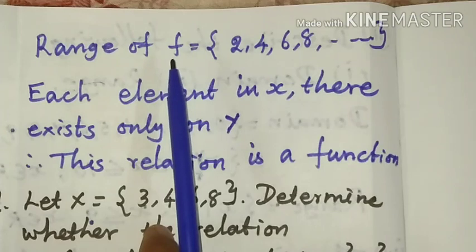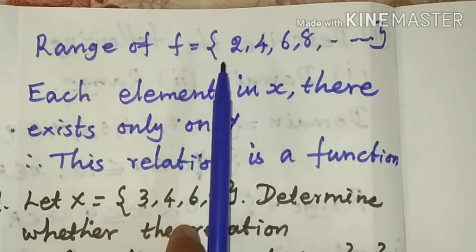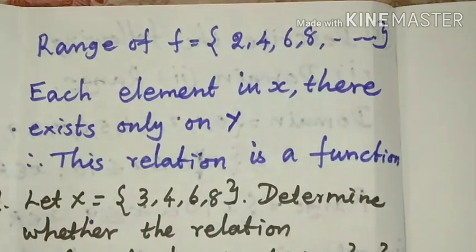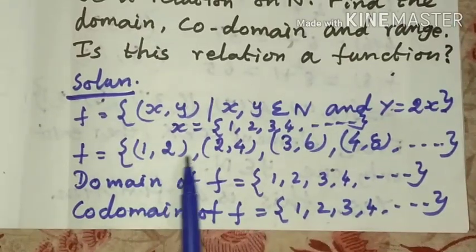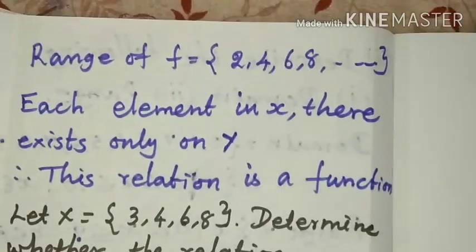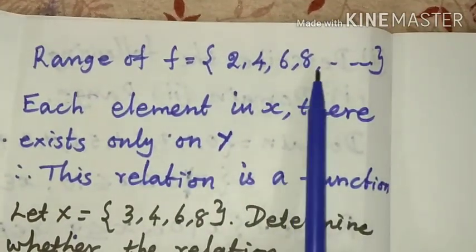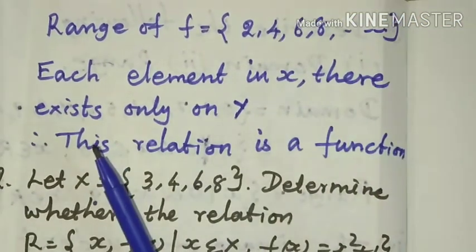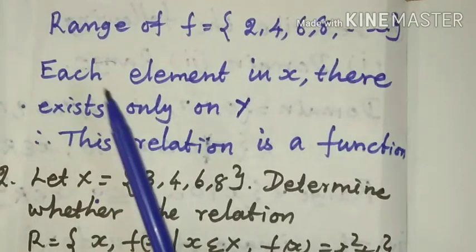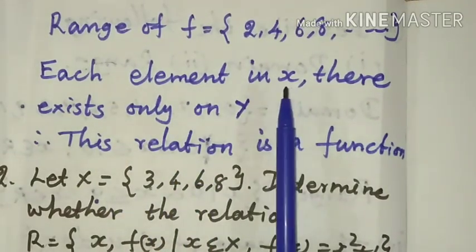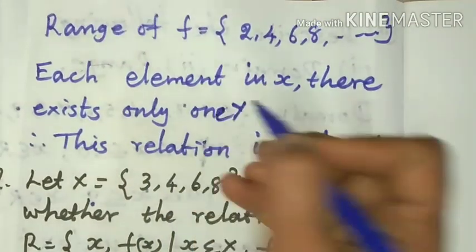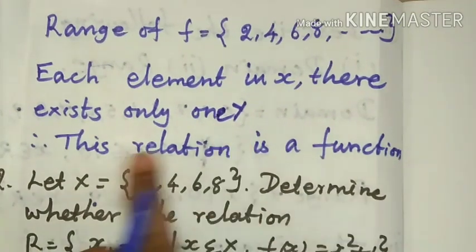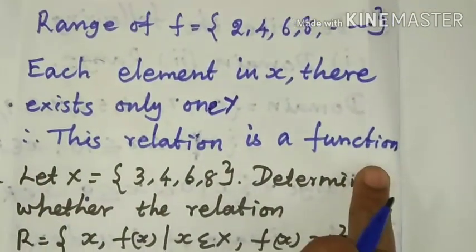Range is defined as the second element in the ordered pairs of the function, that is 2, 4, 6, 8 going on. So the range of the function is 2, 4, 6, 8 and so on. From this we conclude that for each element in the x coordinate there exists only one in the y coordinate. Therefore, this relation is a function.